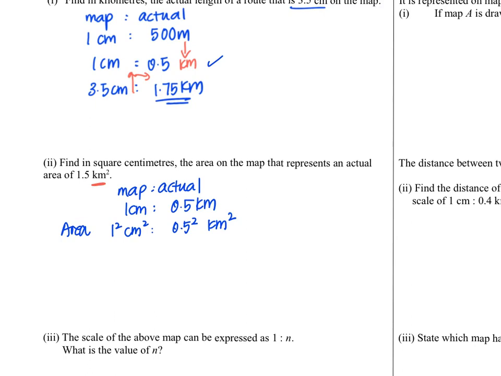So square everything, and I have 0.25 kilometers square. And now they want me to find the actual area of 1.5, so I'm going to put 1.5 kilometers square here. How do I find the answer? Well, take 1.5 divided by 0.25 times 1. And that gives you the answer 6 cm square.